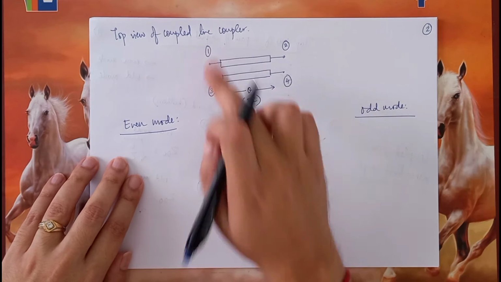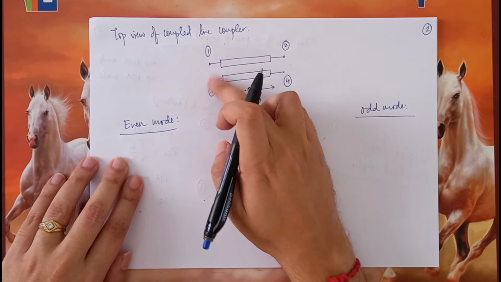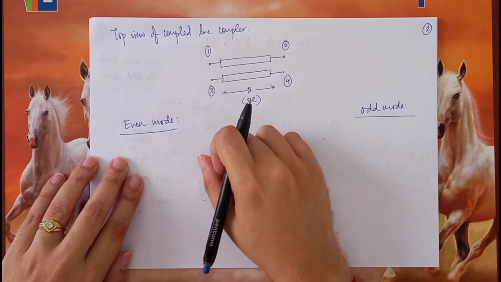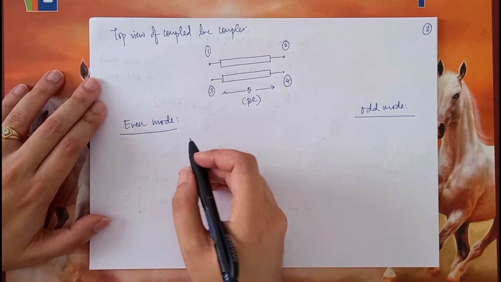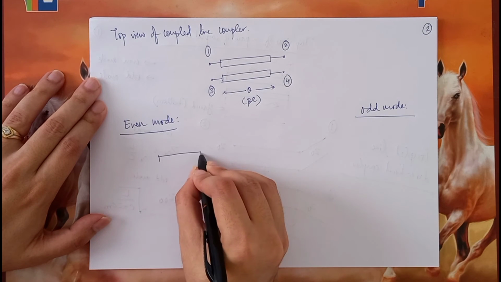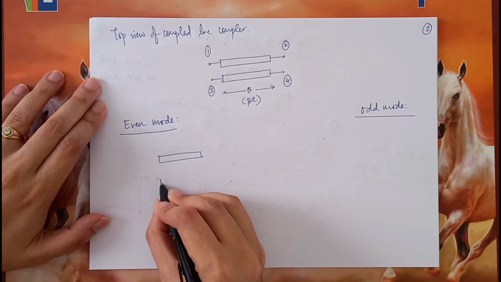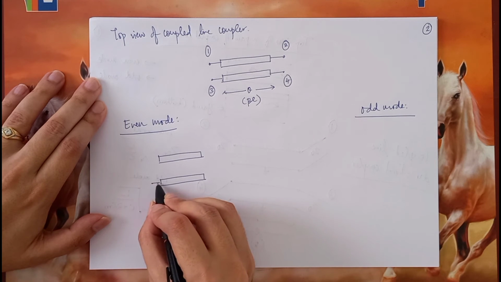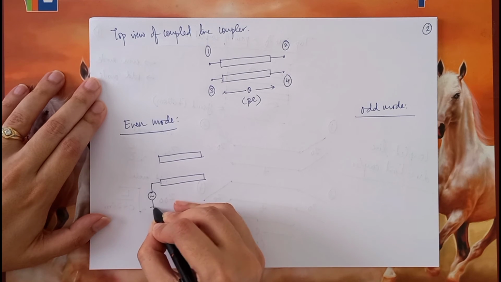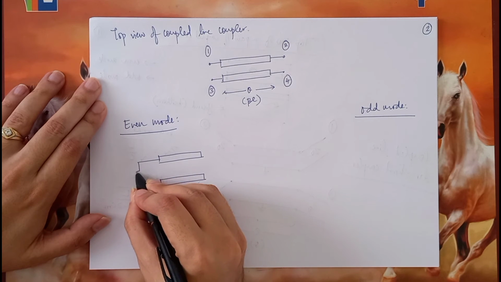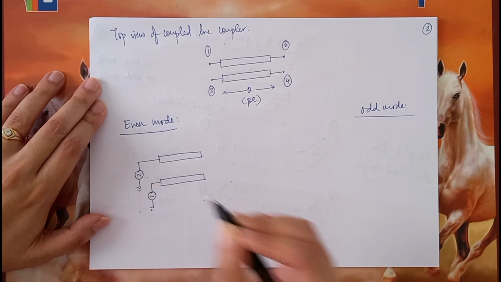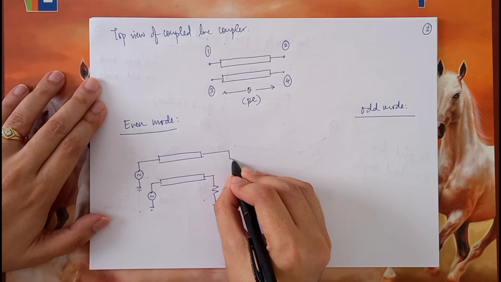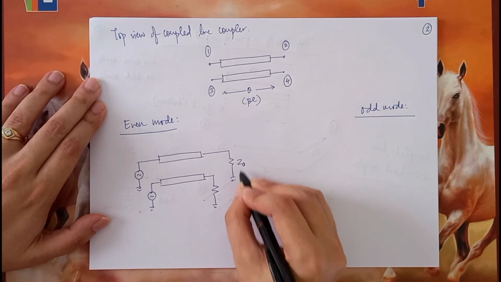We will assume, for the sake of convenience, that two sources are connected, one at port 1, the other at port 3. So what it looks like would be something like this. One source over here, the other source over here, and we will assume that the other ports are terminated using a matched impedance Z0.